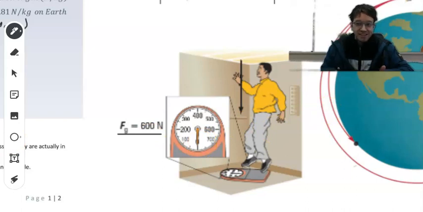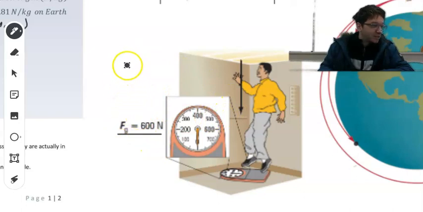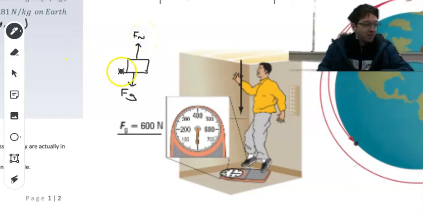And the reason why that scale would be reading 0 is because the scale and you are both falling at the same rate. Right? Now, if you were standing on the scale and it reads 600 newtons, if I were to draw a free body diagram for that, there would be a force of gravity acting on you, and there would be a normal force pushing up, which is the springs in the scale pushing back on you.